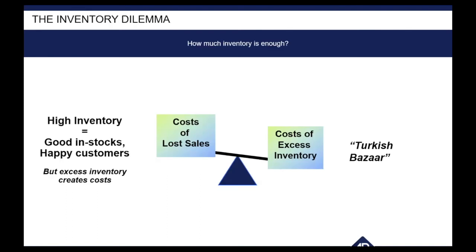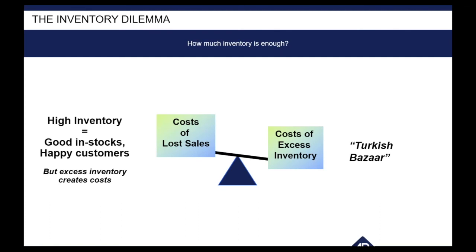A typical way of displaying that balance is looking at the relative cost of a lost sale, which for replenishment items, for example, is the margin of the item, versus the cost of excess inventory, which could be driven by inventory carrying cost or possibly even obsolescence.